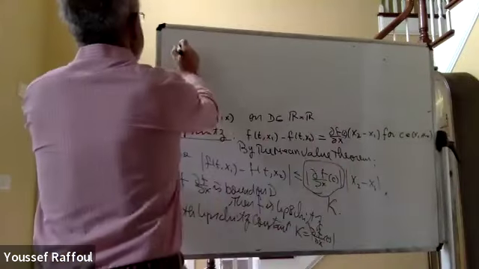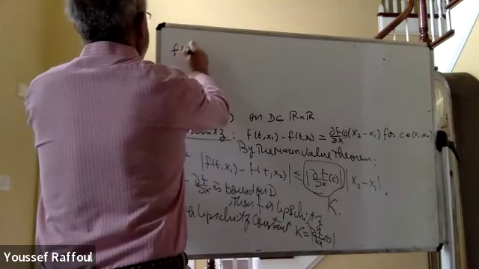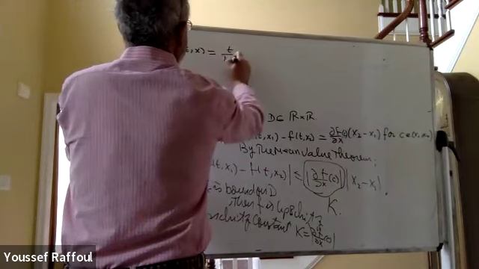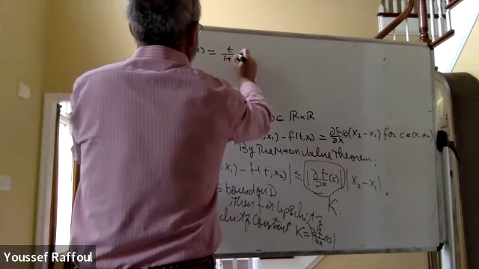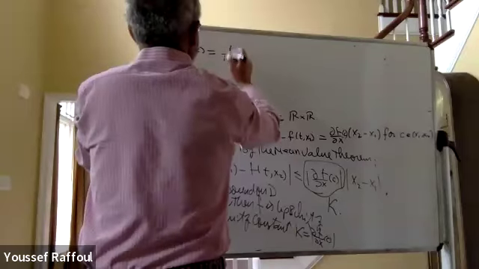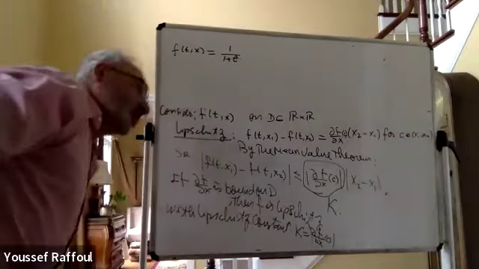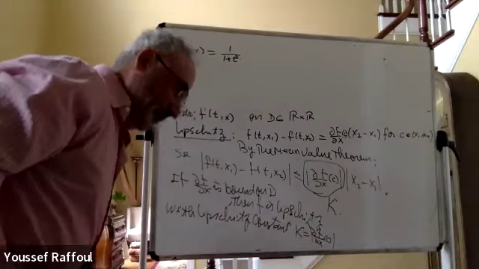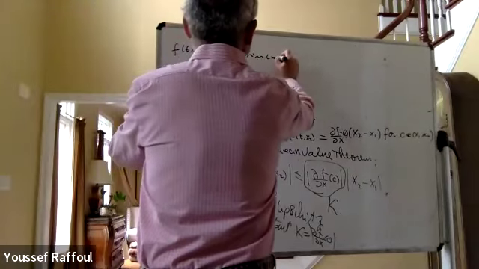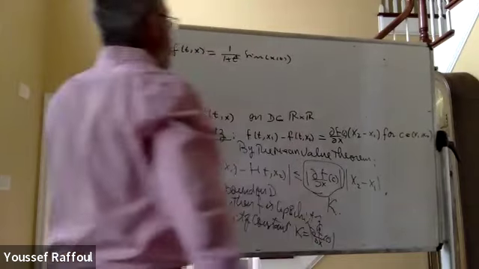let's take a look at f of t,x equal to 1 over 1 plus t squared, sine x of t.